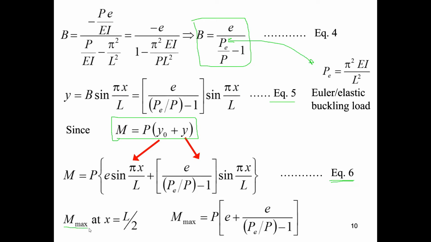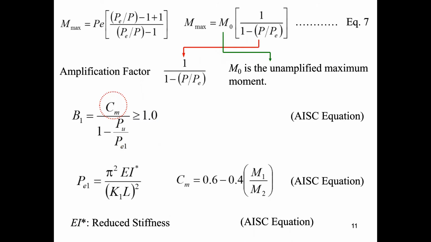Since the maximum moment occurs at x equals L over 2, the maximum moment can be expressed as follows. The previous equation can be simplified and rewritten as shown in equation 7.